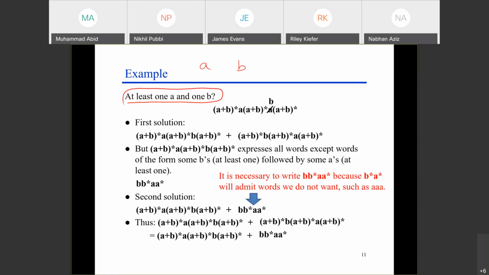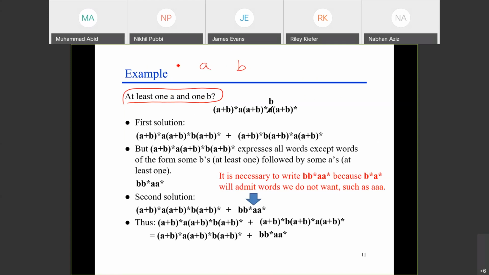And now make it complete. It does not say where this A will come or where this B will come. So it means that anything can come before A, anything can come after B, and anything can come in between.